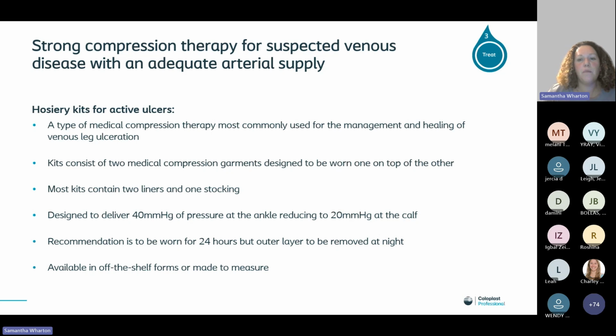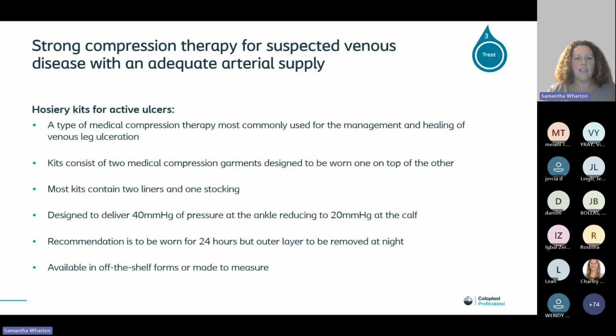And you can be more confident that you're getting the right compression at the right areas within the lower limb. With bandaging, it's down to the clinician that's applying it. The kit consists of 2 medical compression garments, and they're designed to be worn one on top of the other.